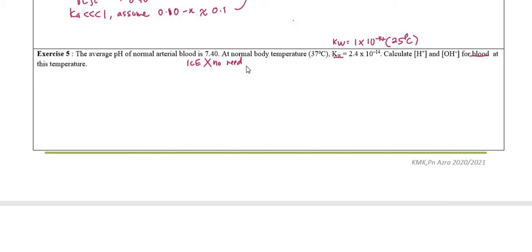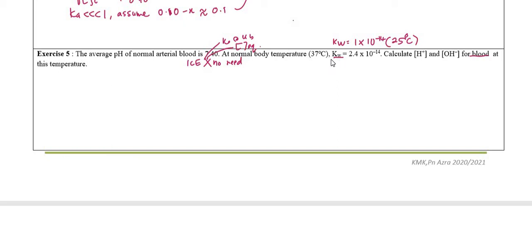Dan lagi satu, one more thing, ice table just to find the value of Ka or Kb, then the equilibrium concentration, final concentration. Okay, for this case kita bukan nak cari final concentration, nak cari H plus dan OH minus here. Okay, di sini dia ada bagi data tentang Kw.